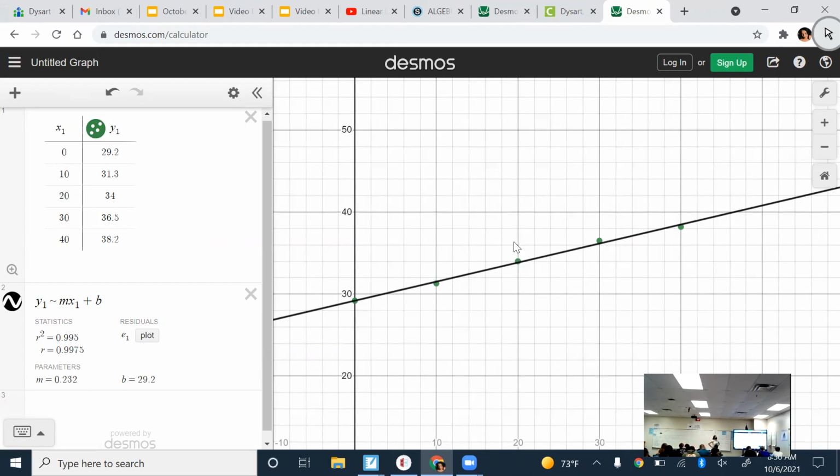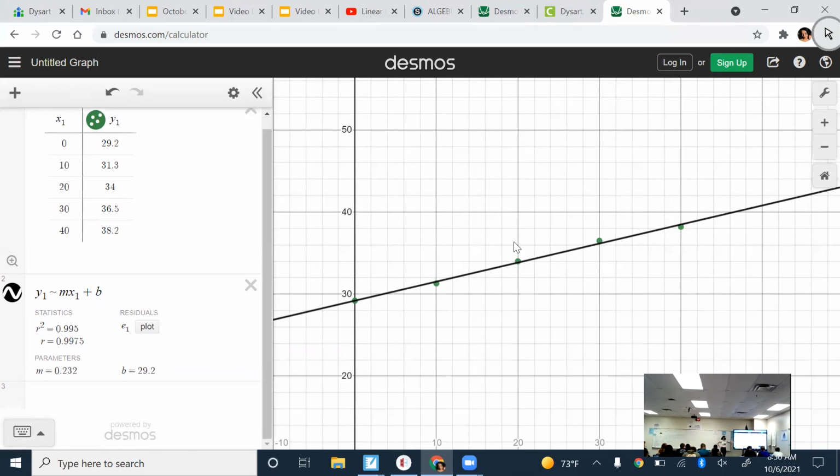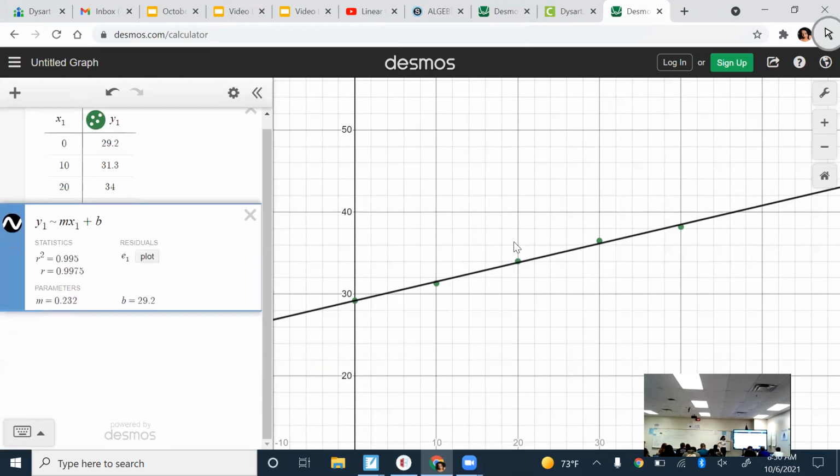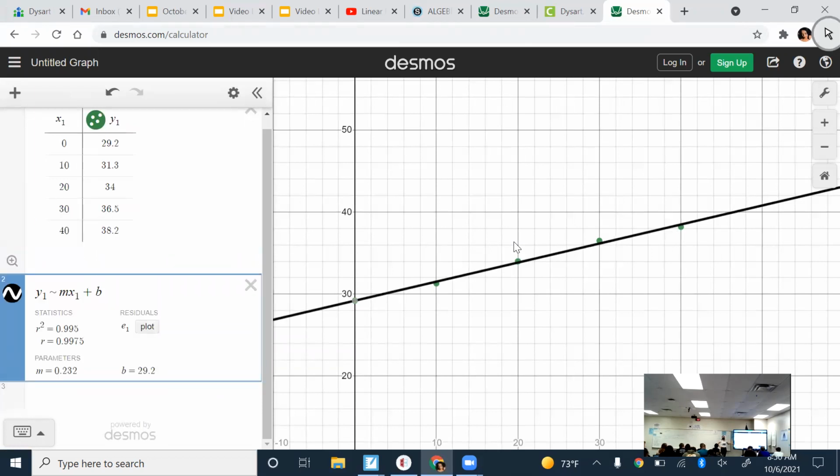When it's a strong positive, what is that R value close to? Close to a positive what? Which it tells you down here in this little bit of information. You see that? It estimates your R value for you. Would you say that that R value is close to 1?